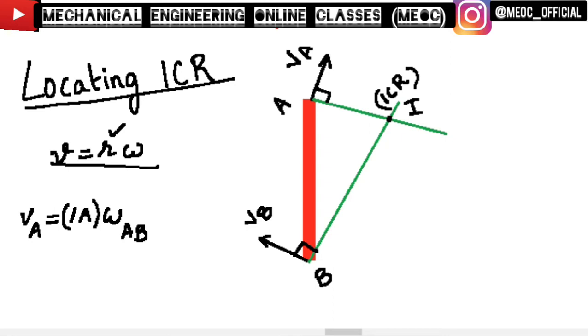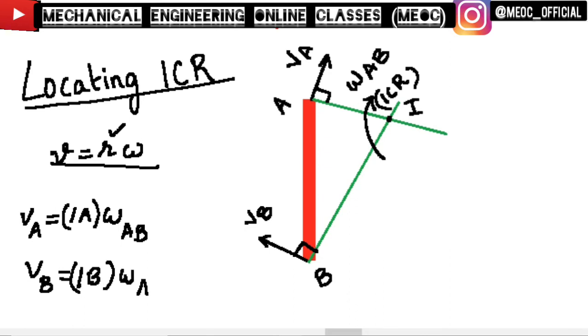So the object will have a rotation in this direction, which is omega AB, the angular velocity of AB about I. Similarly we write for point B also. Linear velocity of point B, VB, is equal to R, where R is the distance between I and B. So IB into omega AB.